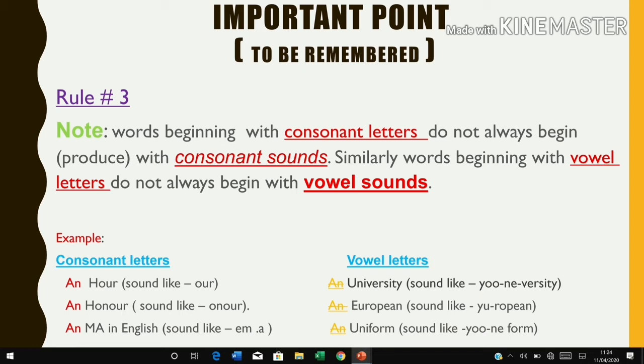The word starts with the sound ya. University. Okay. European, you. And in the same way, uniform. So these words begin with a vowel letter but not the vowel sound. So we should not write an.